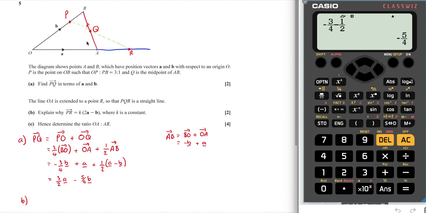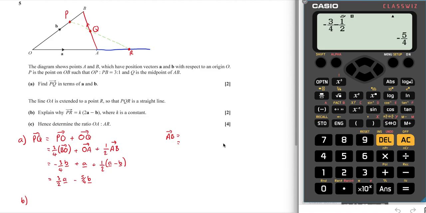Let's go back and just double check part A. 3 over 2a. So we have got P to O, that's minus 3/4 of B. Oh, I have made a mistake. My AB is not correct. I have made a mistake, and we'll talk about how I spotted this mistake in a minute.